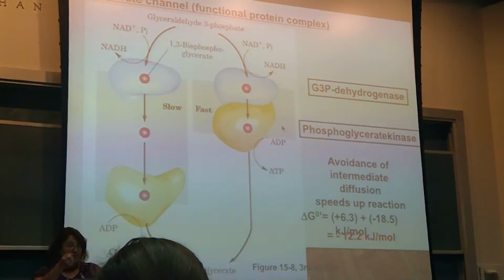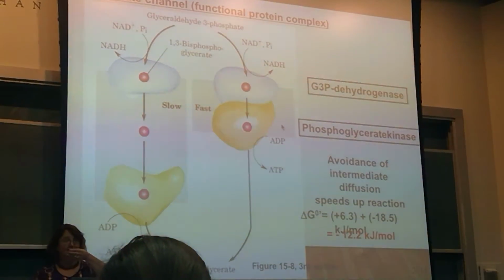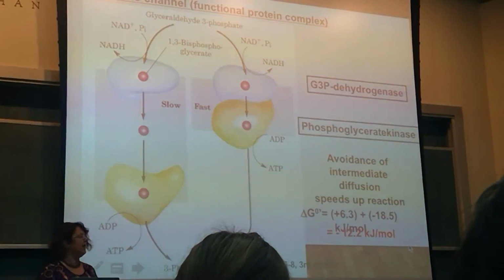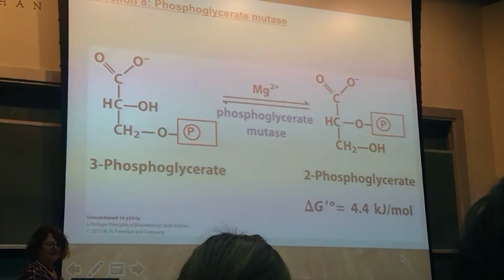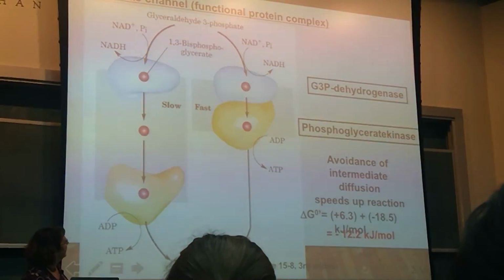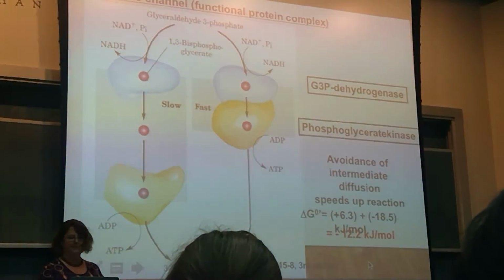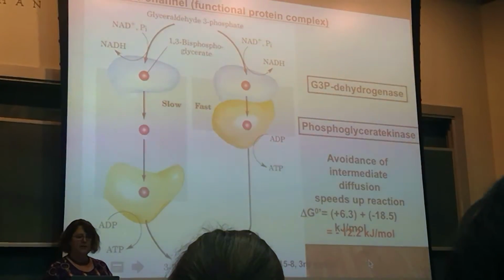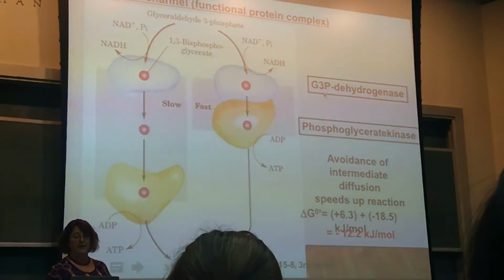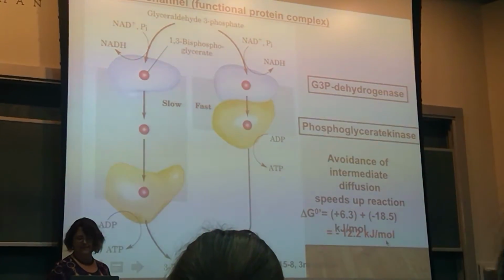Here it's literally going into a channel and moving into the next enzyme. So you avoid diffusion to speed it up, and you end up getting this nice negative delta G. The two values here are for the two reactions, the G3P dehydrogenase and the phosphoglycerate kinase.